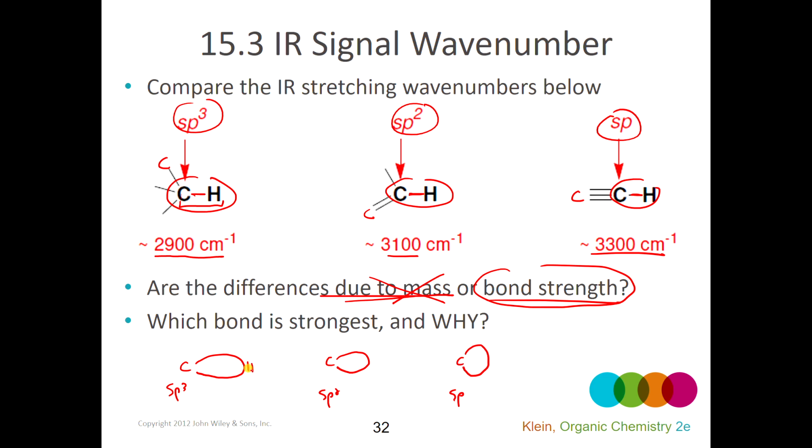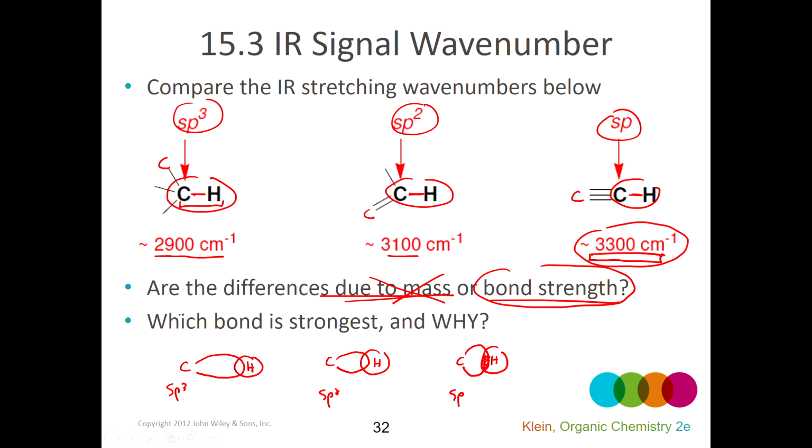So when the hydrogen comes along with its 1s to overlap there, the more compact the carbon's sp, sp2, or sp3 orbital, the more effective the overlap, the closer the two get, the more the electron density can get close to both nuclei and form a stronger attraction. So when the carbon's orbital that's overlapping with the hydrogen is more compact and the electrons can get closer to both nuclei, it's a stronger bond and it requires more energy to stretch that bond than it would if the orbitals were a little longer.